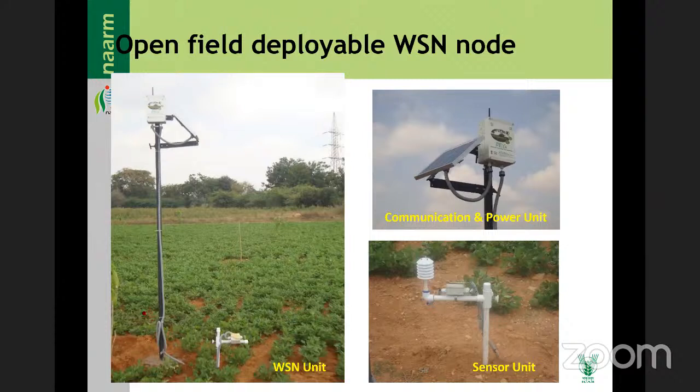The WSN node is kept here, the sensor unit, with communication through the power unit. The sensor observes what is happening in the field and sends the information through the communication power unit. It will reach the servers. So like this.